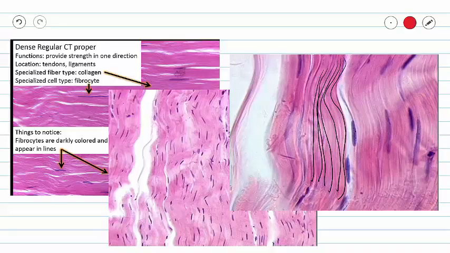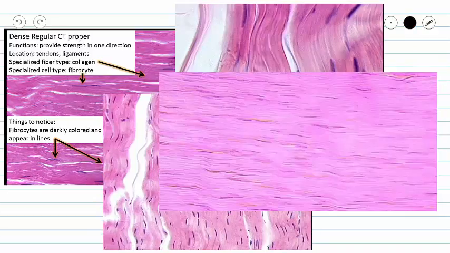And we can clearly see our fibroblasts, and you will also notice that they are very darkly colored, and you cannot see through our fibroblasts or fibrocytes. That's also an important distinction between dense regular and smooth muscle. So our fibroblasts or fibrocytes are very densely pigmented so that you cannot see through that cell.